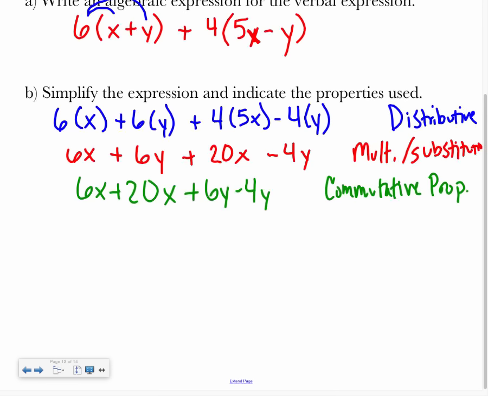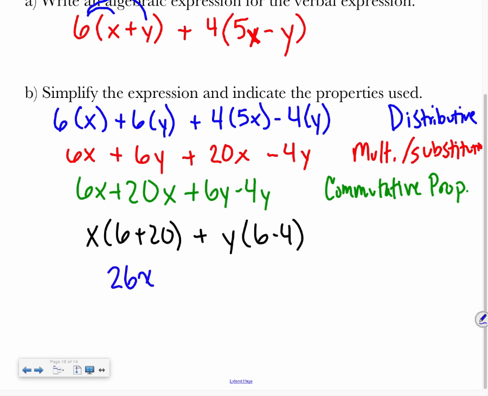After that, we have 6x plus 20x, and I can either rewrite it as x times 6 plus 20, y times 6 minus 4, and then I could just say I have 6 plus 20 is 26x. You may be asking me why I'm not keeping the x in front and writing it as x26.